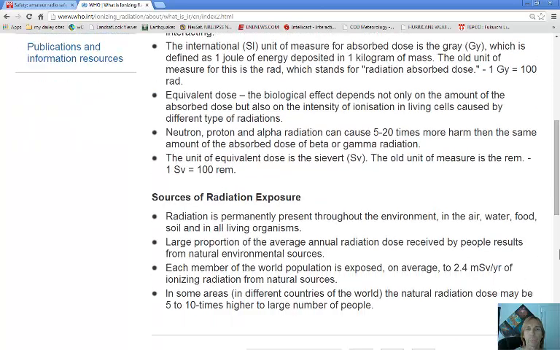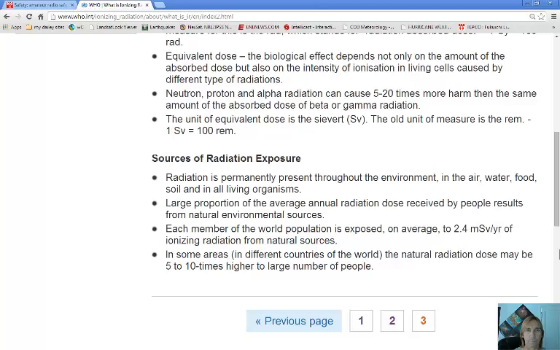Equivalent dose. The biological effect depends not only on the amount of absorbed dose, but also on the intensity of the ionization in the living cell caused by different types of radiations. Neutron, proton, and alpha radiation cause 5 to 20 times more harm than the same amount of the absorbed dose of beta or gamma radiation.